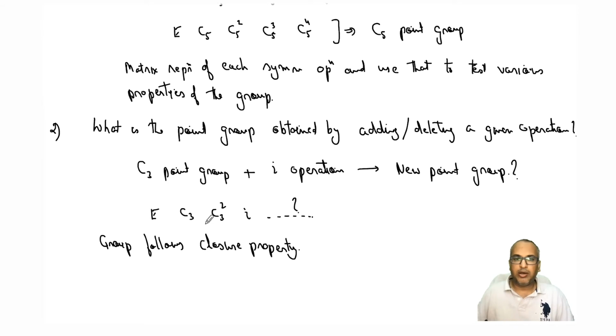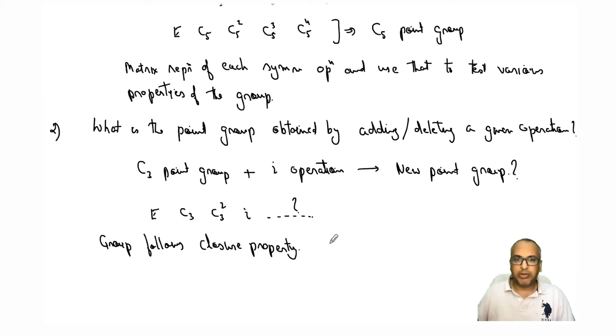So that means what you have to do is create the products of different elements and see what resultant you are getting. That resultant may belong to an already existing element or may give you some additional element, right?